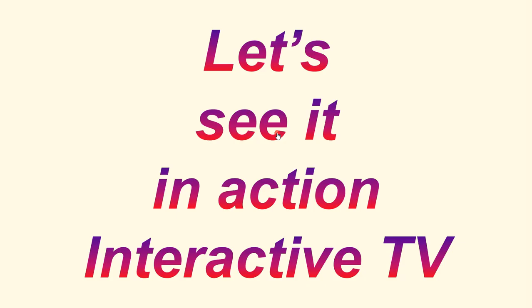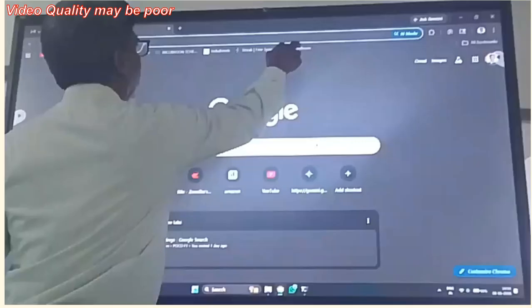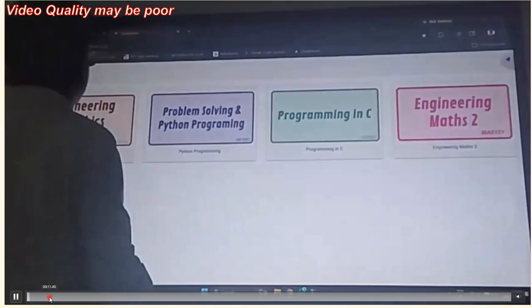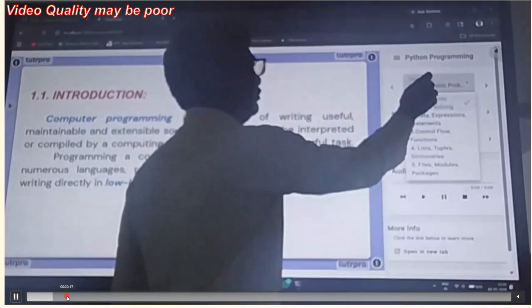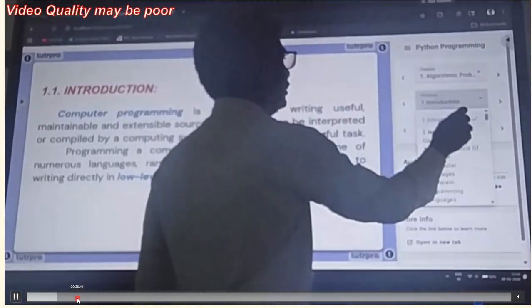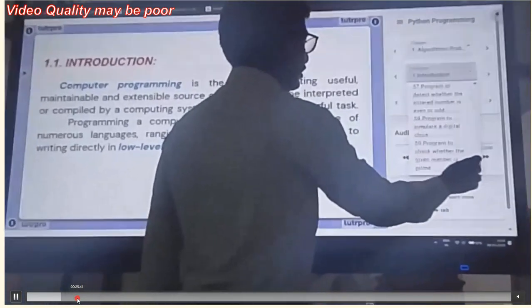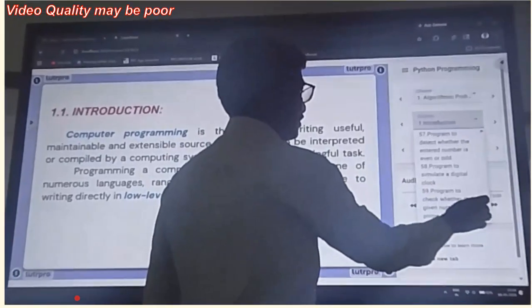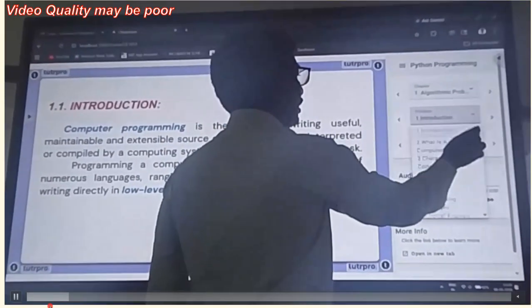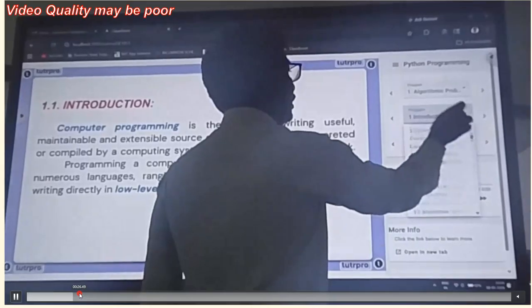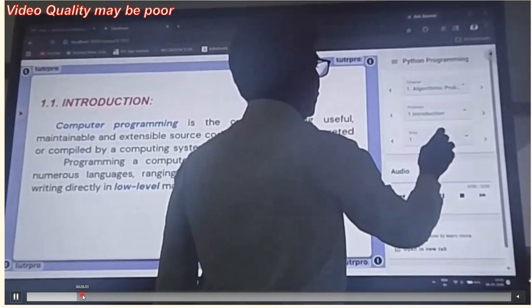Okay. Now we'll see the action on the 65-inch interactive TV. Here you can choose the unit, you can choose the topic. For the particular topic, you can move the steps forward or backward.